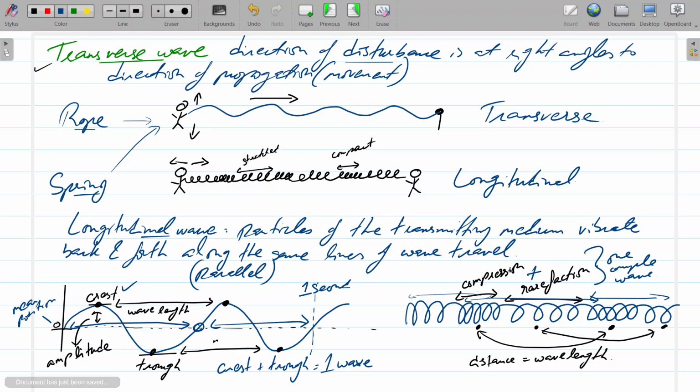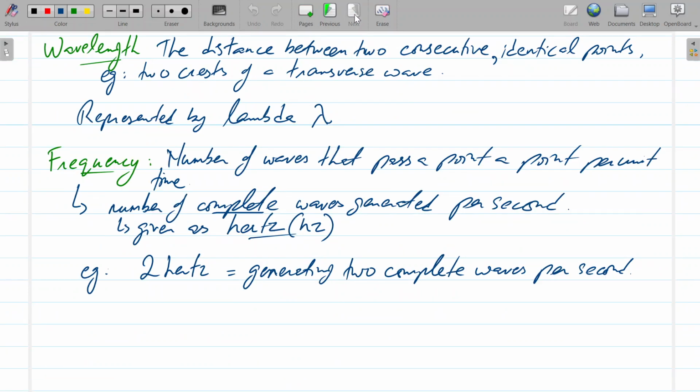Hertz is frequency, which tells you how many. So you can have 500 megahertz, which means there are 500,000 waves per second.